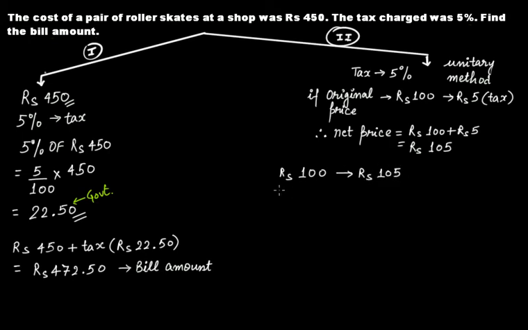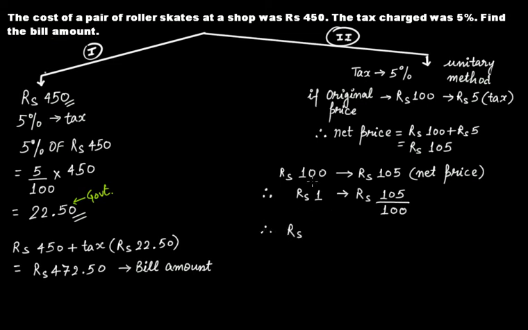Therefore, applying the unitary method, if your original price of the item is rupees 1, then the net price that the customer will have to pay will be 105 divided by 100.